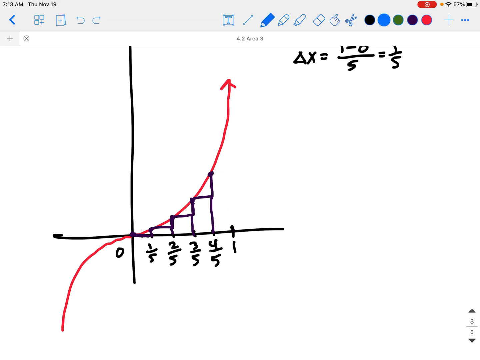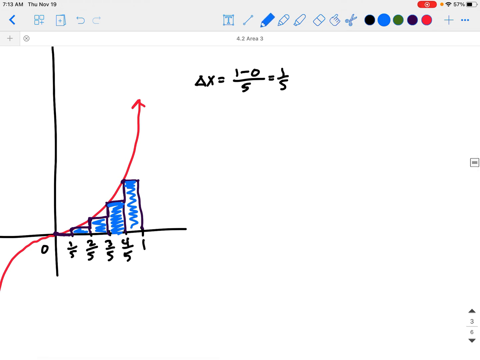All right, so then our goal is to figure out all the areas of these rectangles.